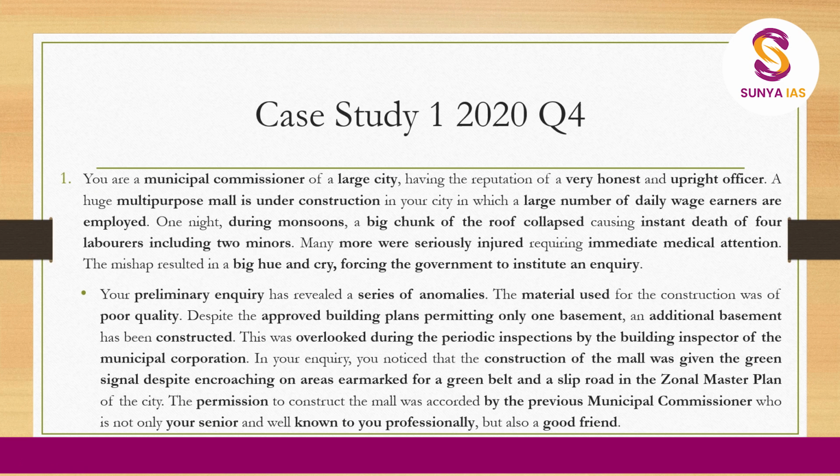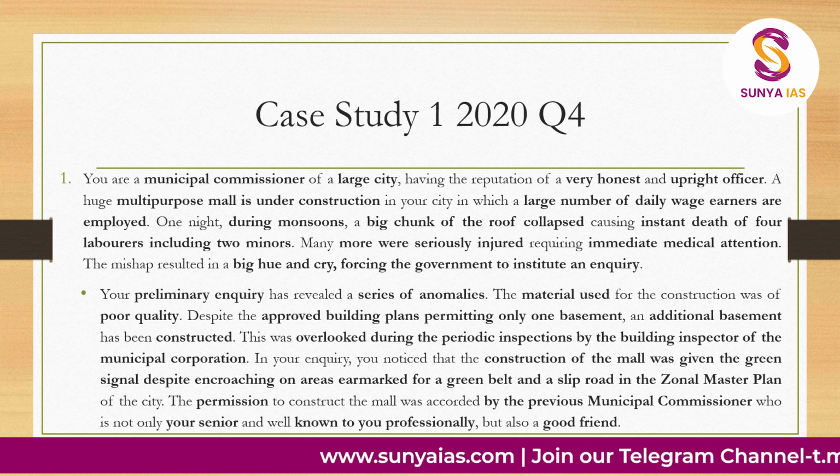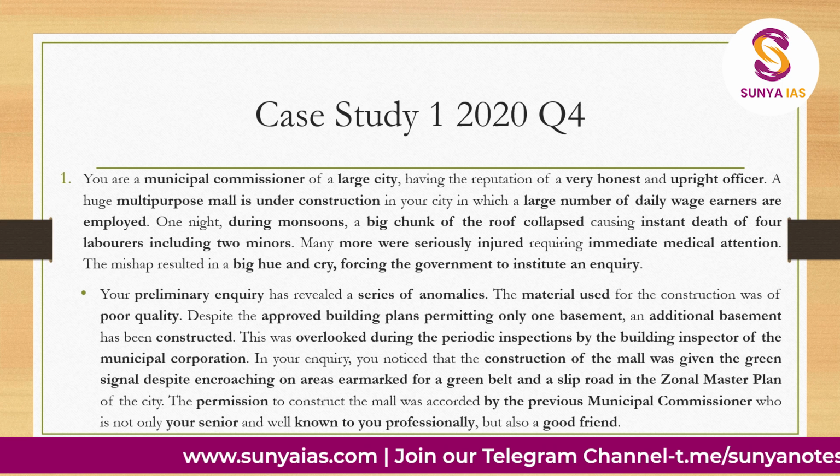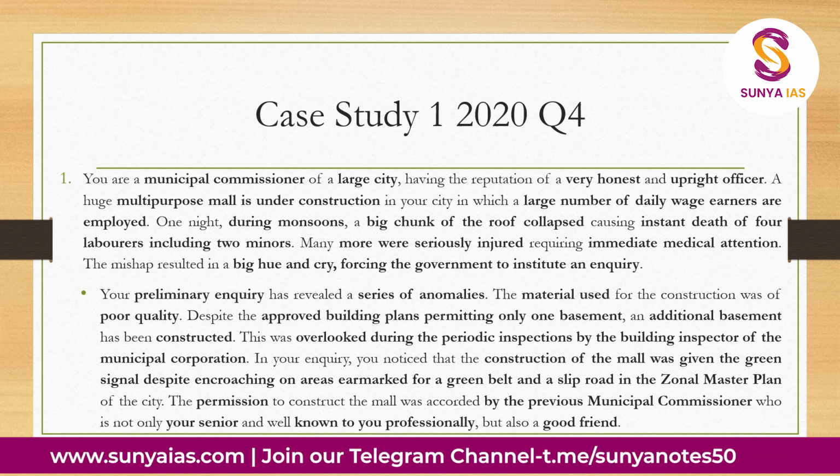So we are going to solve case study question number 4 in the UPSC CSE mains 2020 ethics paper. So you are a municipal commissioner of a large city having the reputation of a very honest and upright officer. A huge multi-purpose mall is under construction in your city in which a large number of daily wage earners are employed.